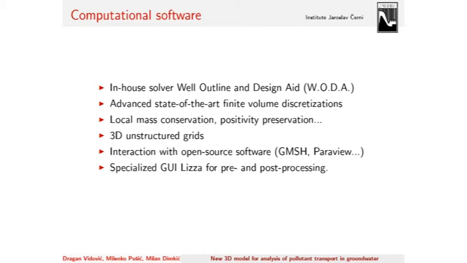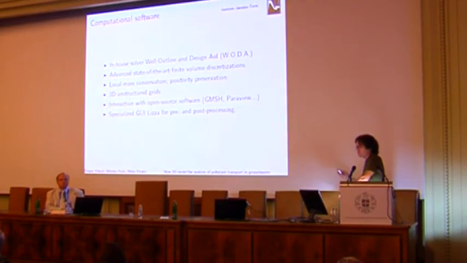We are currently working on a method which would be second order accurate and respect the maximum principle at the same time. This all works on three-dimensional unstructured grids. We mostly use prismatic grids, but we can actually handle just any kind of polyhedron. Even very distorted grids work fine.